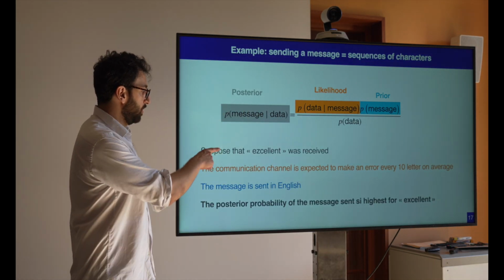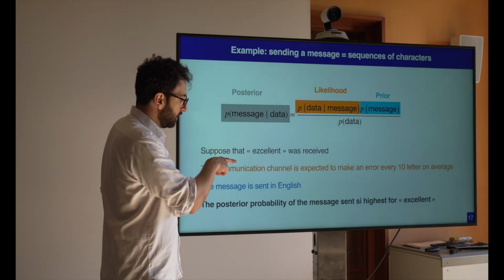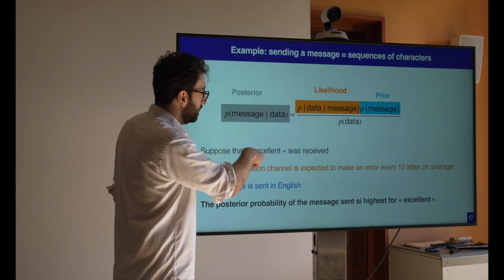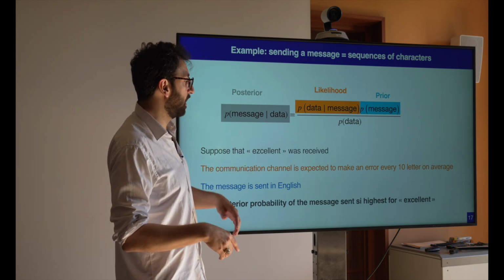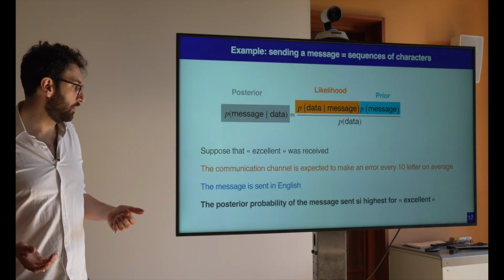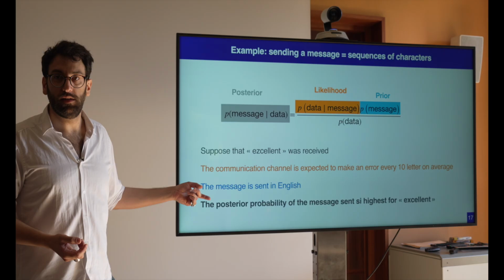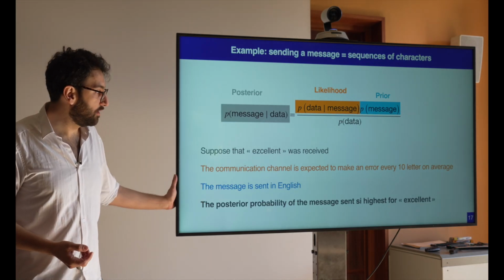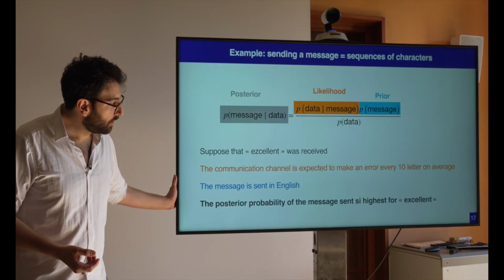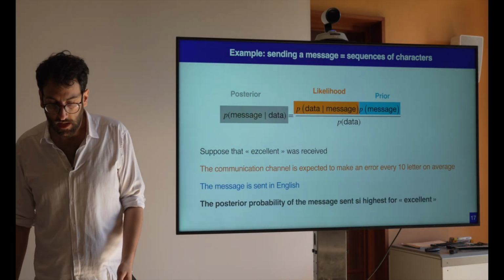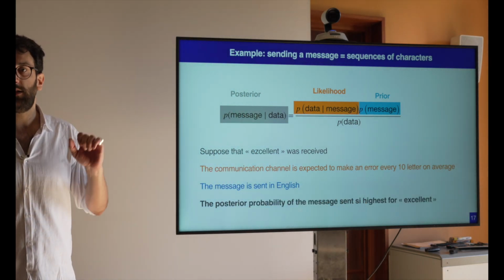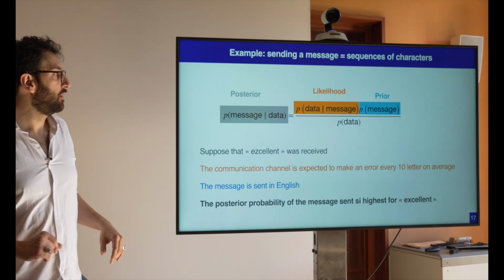Suppose you receive "excellent" with a Z, and you know that the communication channel makes an error approximately every 10 letters, and that the message is sent in English. What's most probable is that the message that was sent is "excellent," right? You can think of this as nature sending us a message.